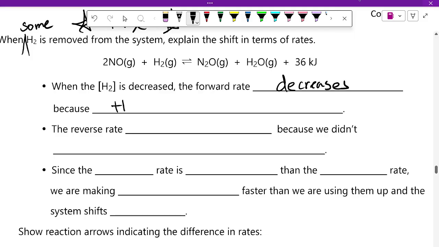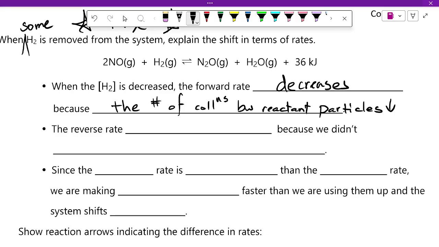The number of collisions between reactant particles decreases. But how could we just write less collisions in reactants? Less collisions in reactants. Perfect. You can make it as short as you like.